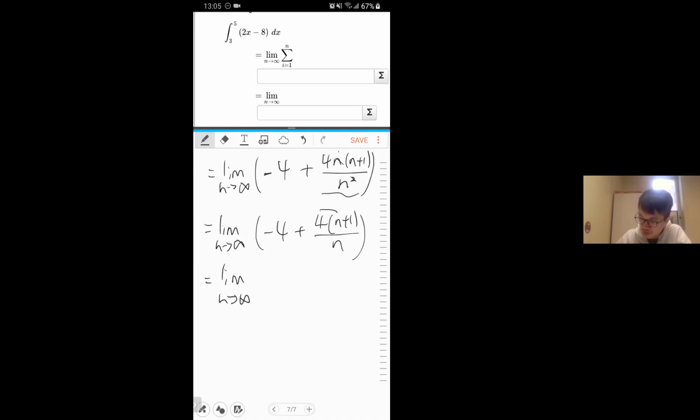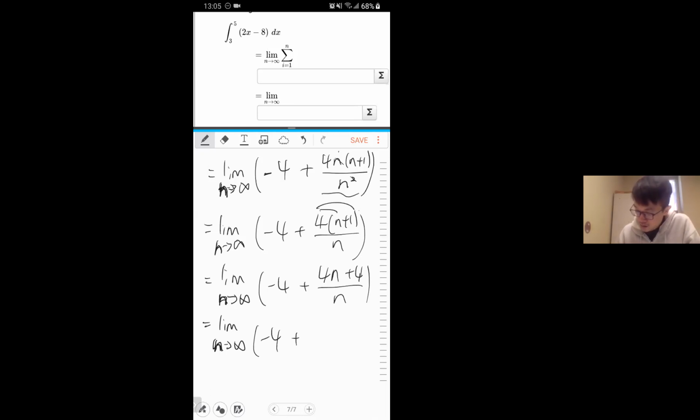And let's multiply everything out. So you get 4n plus 4 divided by n. This one should be n, and this one should be 4. Okay, so I'm splitting 4n plus 4 divided by n into 2 terms. The first one is 4.